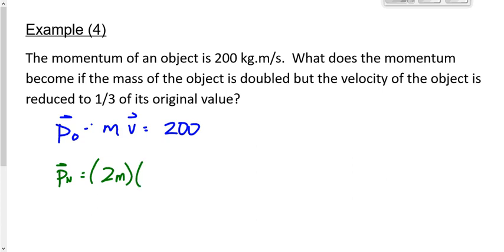It was v, now it's 1/3 v. So this new momentum is still mass times velocity, but we're representing it in a different way. We're not using the symbols M and v, we're using the symbols 2M and 1/3 v. Now, I do want to simplify this a little bit. Let's multiply 2 times 1/3 and then pull it out front, and then just as Megan said, we end up with 2/3 M times v. Oh, but look at this.